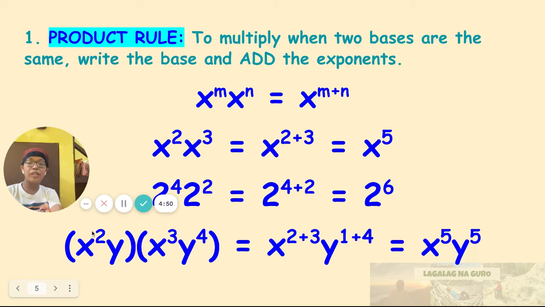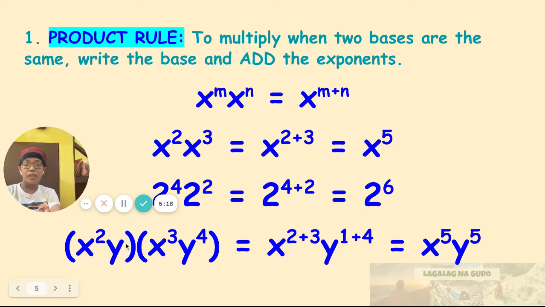Okay? So x squared y times x cubed y to the 4th. So how is this? You have two terms already, so isa-isahin po natin. You focus on x first, then you write x, then you add their exponents 2 and 3, then you proceed to your next term, which is y, then you write it, kasi you have the same base, then 1 plus 4.